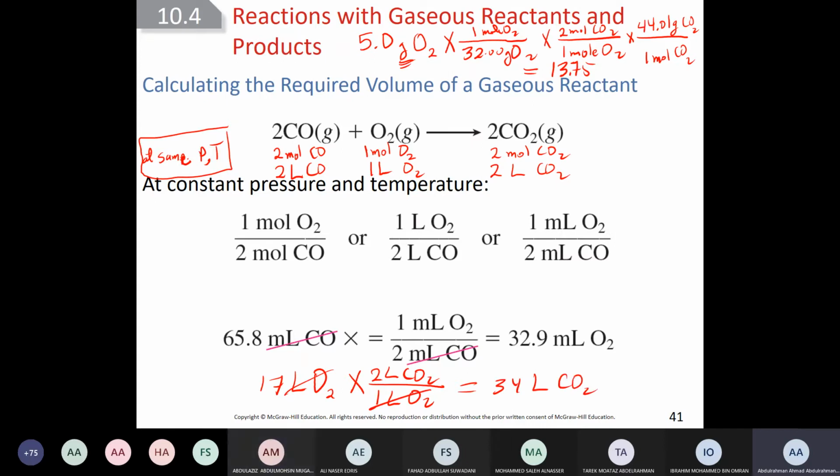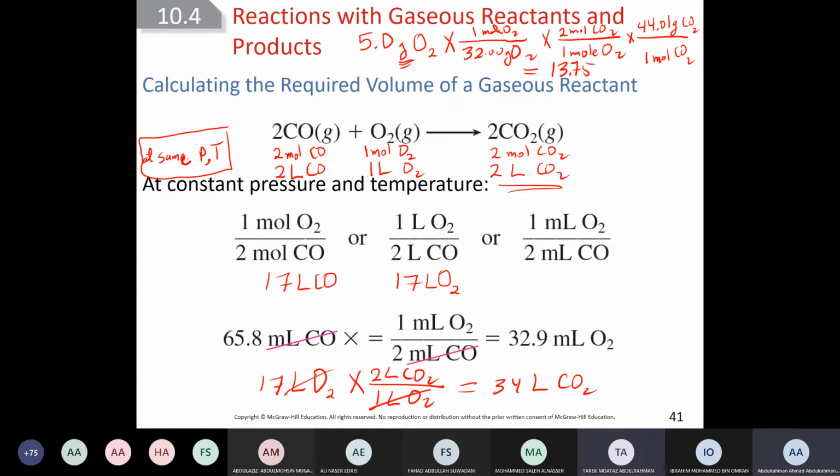Doctor, don't we have to find the limiting reactant first? Oh, I did not give you the other one. Of course, yes, good point. Let's say 17 liter CO and 17 liter O2, then how many liters CO2 am I going to produce?